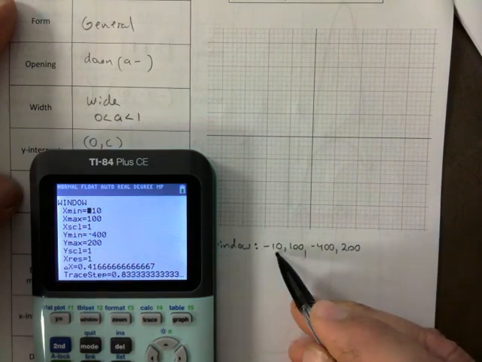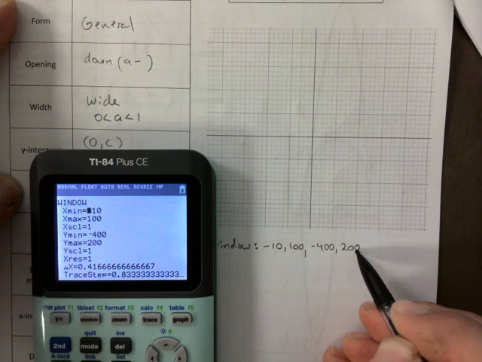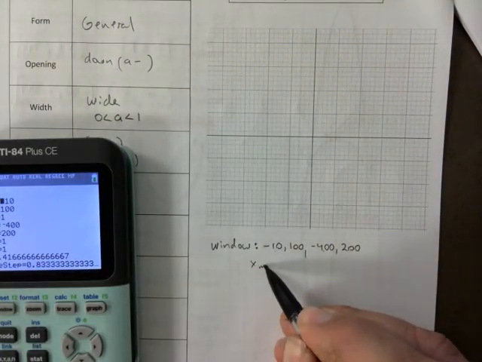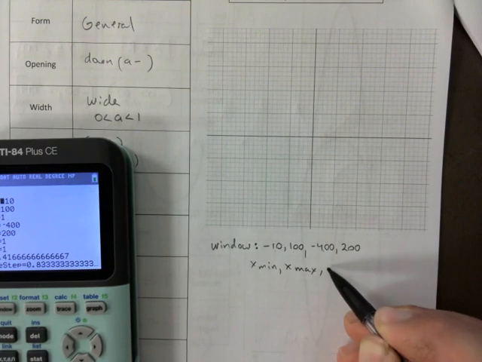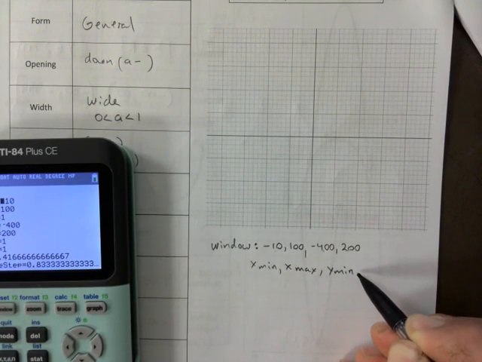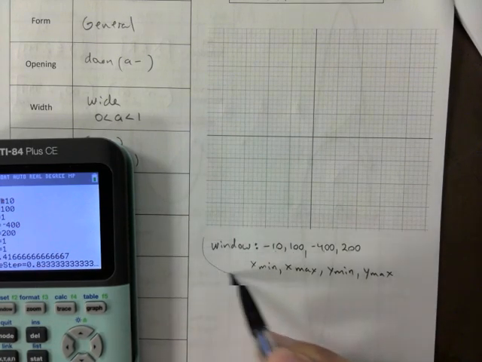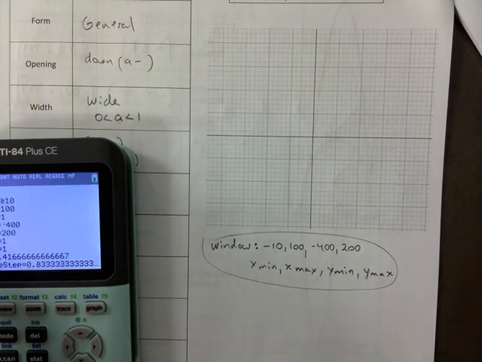So you should know this is X min, X max, Y min, Y max. So that's just a reference. Okay, that's what I used to graph it.